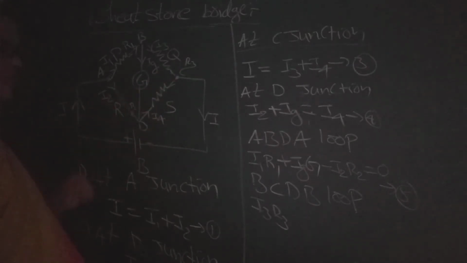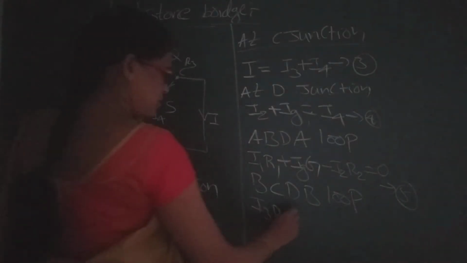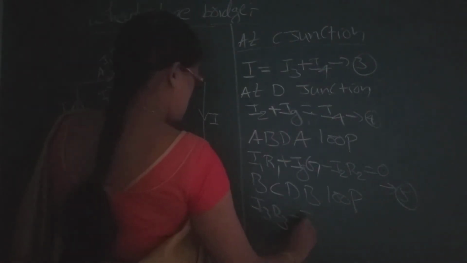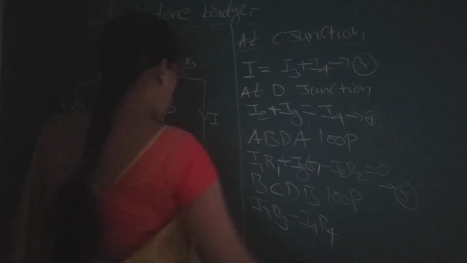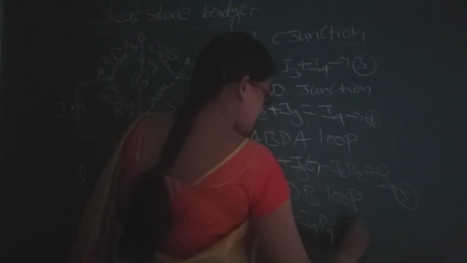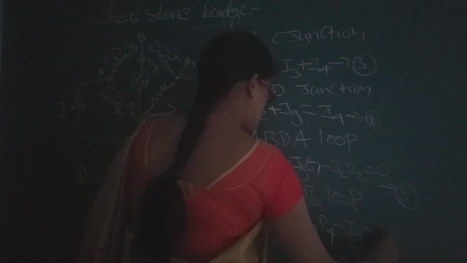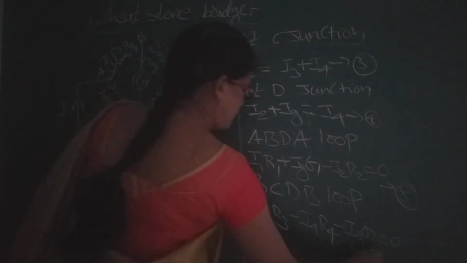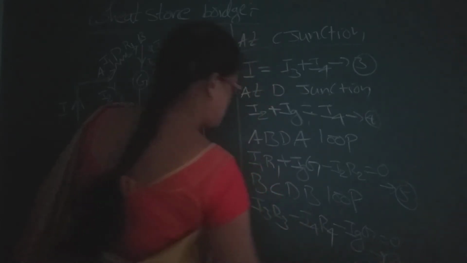The remaining are in the reverse direction: minus I4 R4, minus Ig G, reverse direction negative. Equation number 6.